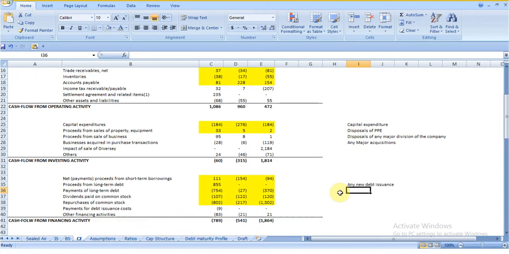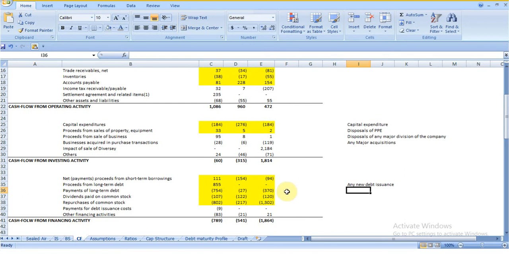Now, the third and very important part of the cash flow statement is cash flow from financing activity. This is very important from a credit research perspective because it tells us how much debt the company is planning to repay or has already repaid in the historical period. Is there any new debt issuance the company is going to do? If it is expected, it will come here.